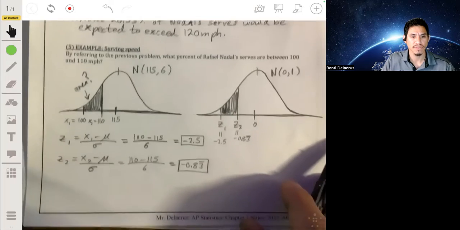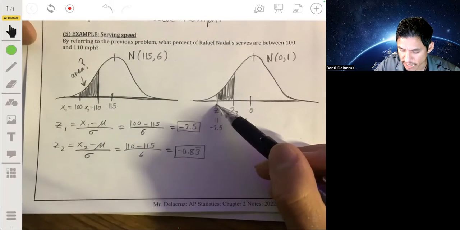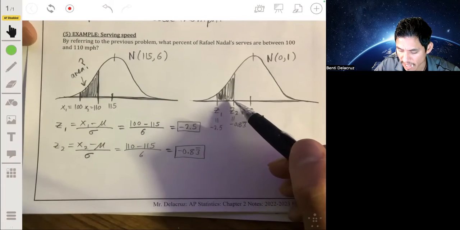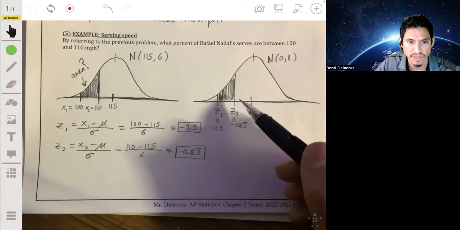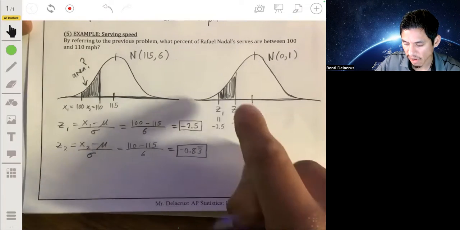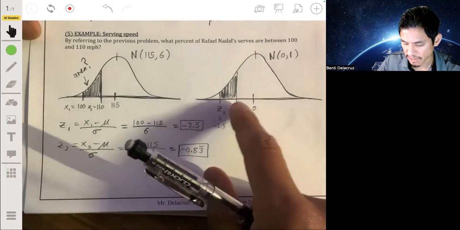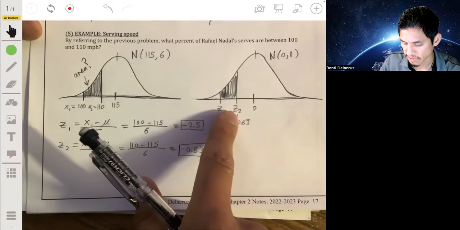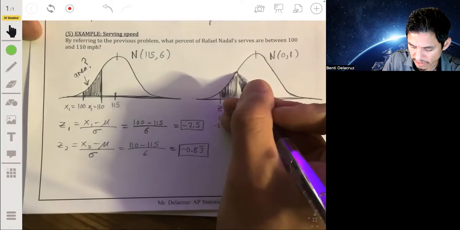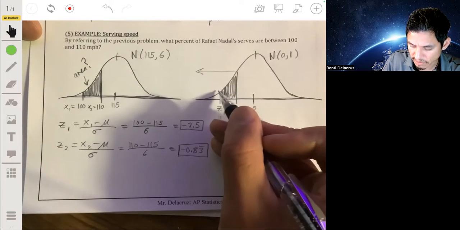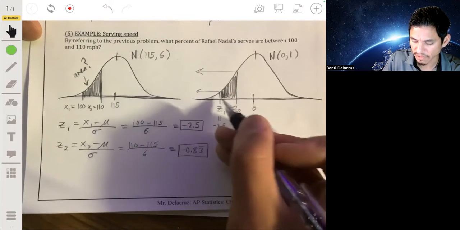And so now our problem simply becomes finding the area between negative 2.5 and negative 0.83 in terms of the Z-scores. So again, there's a couple different ways you can go about this. I like to find the area to the left of Z2, because that'll tell me all of this, and from that, subtract the area to the left of Z1.